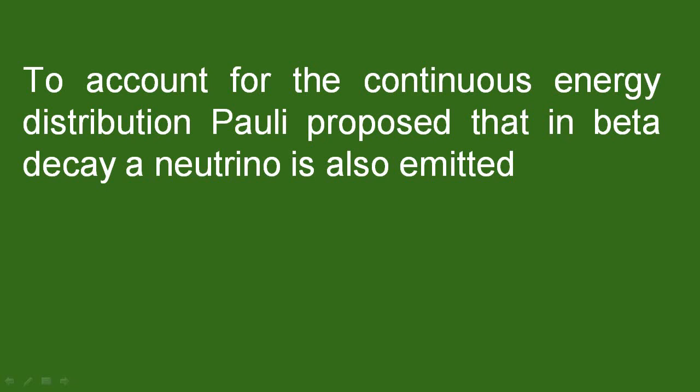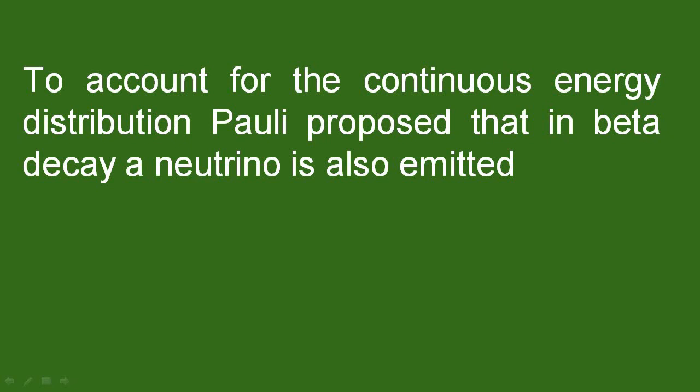It has no charge. Neutrino means little neutral one. When you observe the masses, the sum of proton and electron mass is nearly equal to that of the neutron. And so we get neutron gives proton plus electron plus anti-neutrino. This anti-neutrino has very small mass, or even zero mass.